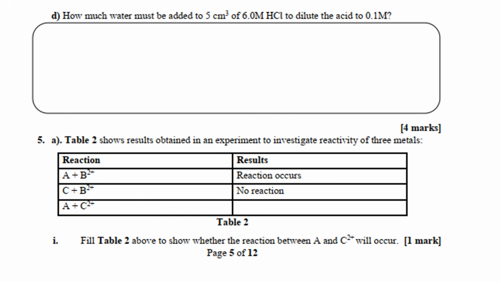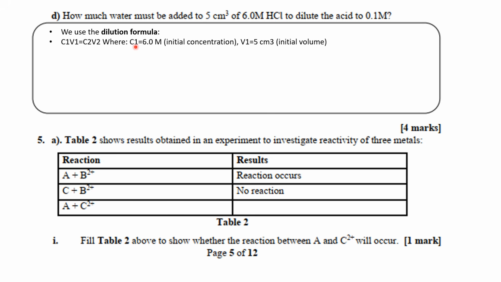All right, so we use the dilution formula. You do recall from Form 3 chemistry, the dilution formula says C1 times V1 is equal to C2 times V2. In this case, C1 is the initial concentration, and V1 is the initial volume, the given volume, concentration here, volume there.